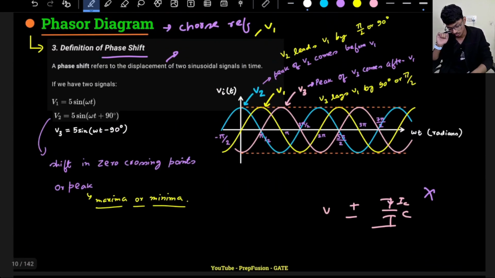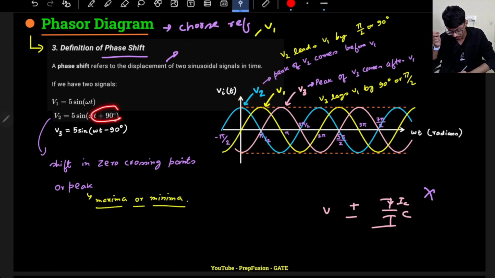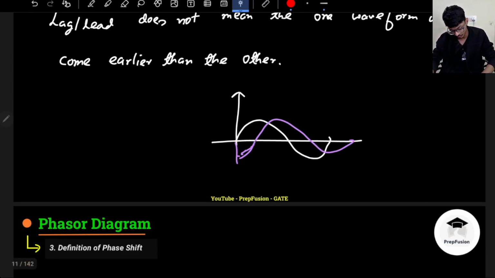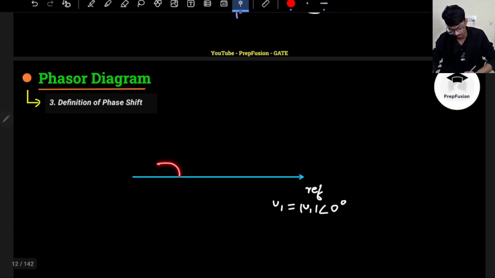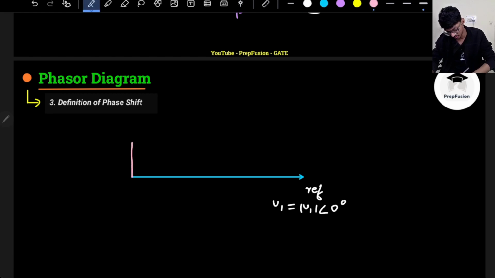So what about v2? What will happen to v2 then? v2 is leading. What is the angle of v2? Plus 90. I am adding omega t plus 90. So v2 will be lying somewhere around here. If I am adding something, I will move in the anti-clockwise direction. So v2 will be somewhere around here, because it is plus 90, so I am adding the angle, so it is in the anti-clockwise direction.